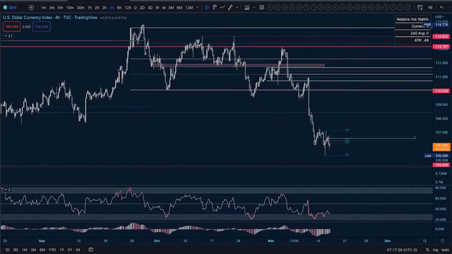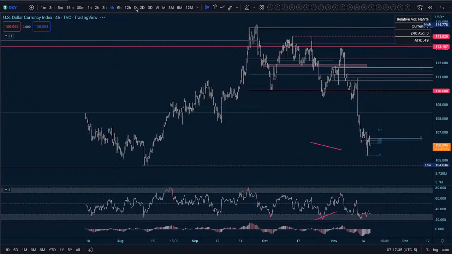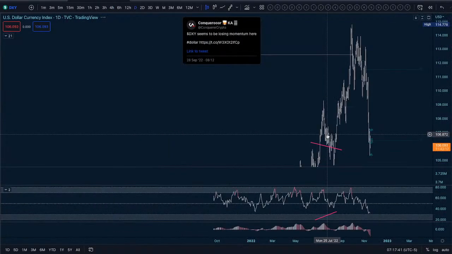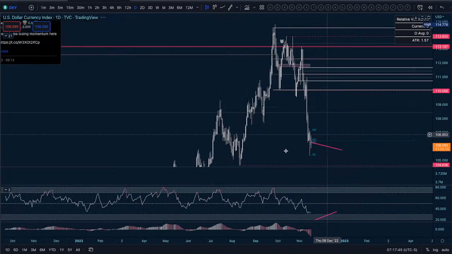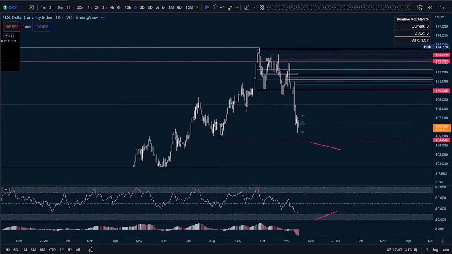Yesterday I tweeted about it, and the reason was this 4-hour divergence forming at the lows, which is also at this cluster region. So it wouldn't be so crazy to expect some kind of bounce from this area.